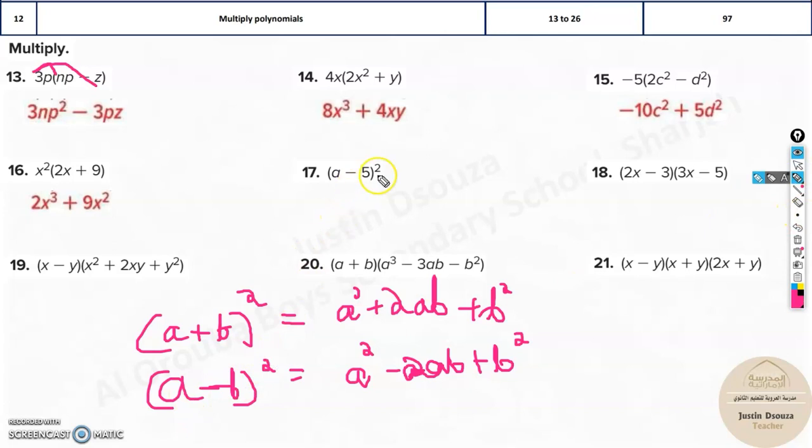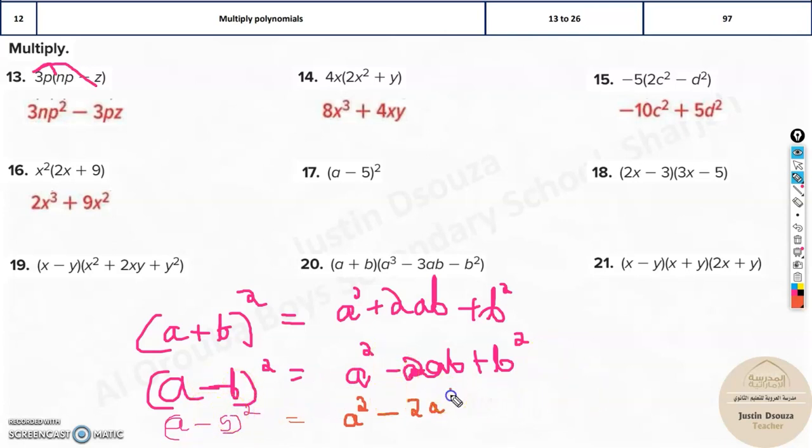We don't have a and b, we have a and minus 5. So, a minus 5 over here, the whole squared. Now, how do we solve it is, wherever there is a, you need to write a itself, and wherever there is b, you need to write 5, because this minus sign is taken care of.